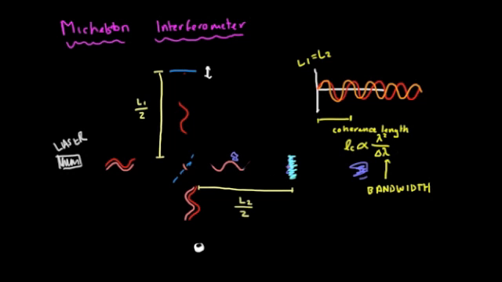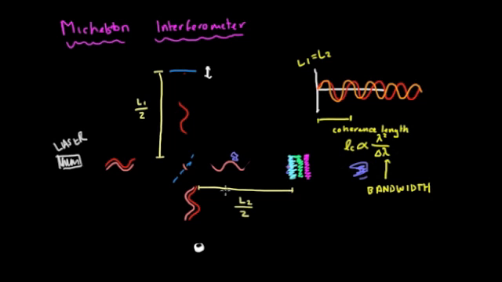We have a nice blue layer there, and a greener layer, and maybe a pink layer. And so what we do is we can adjust the mirror of the L1 leg of the apparatus so that L1 is equal to L2 for the blue layer.